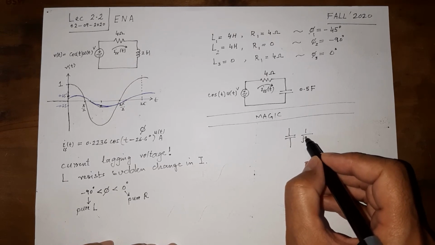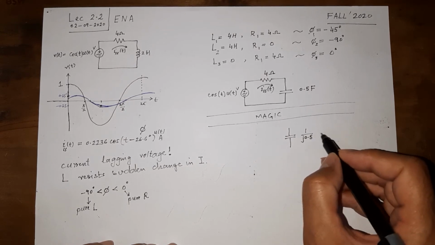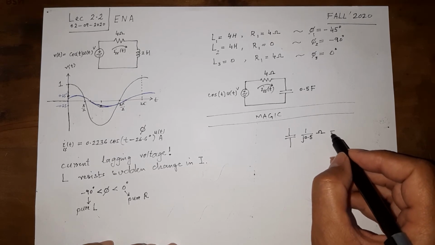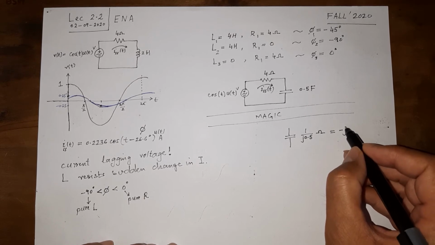Iota is j now, 0.5, and the unit changes to ohm. And this thing can also be written as minus iota.